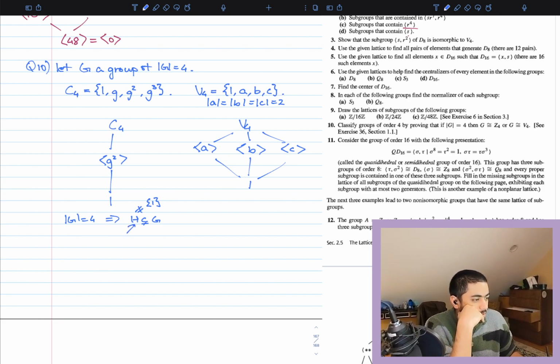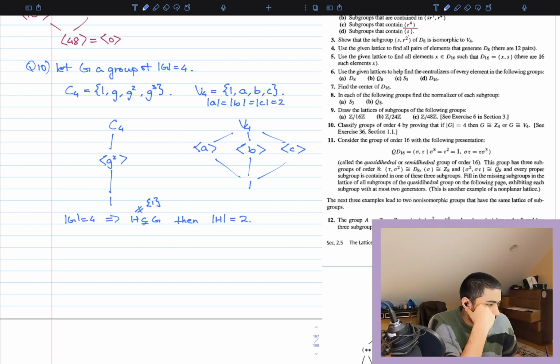So let's say we have some group like this, then the size of H cannot be anything but 2. So by Lagrange's theorem, the size of any subgroup divides the size of the original group.